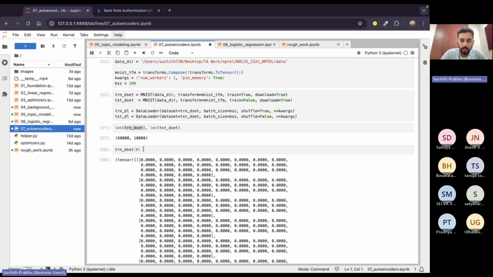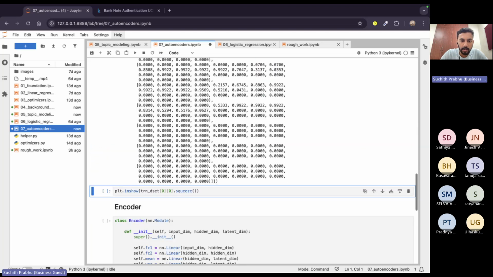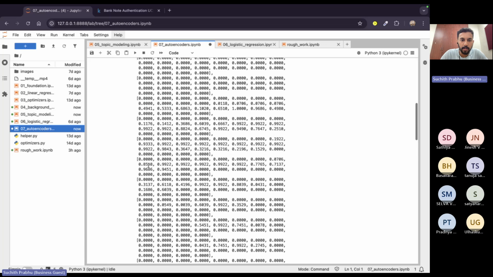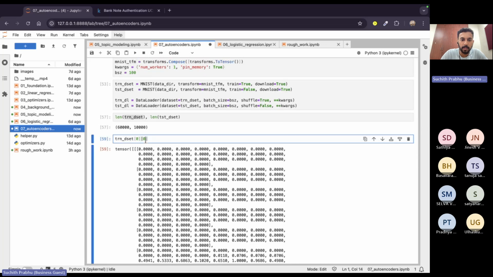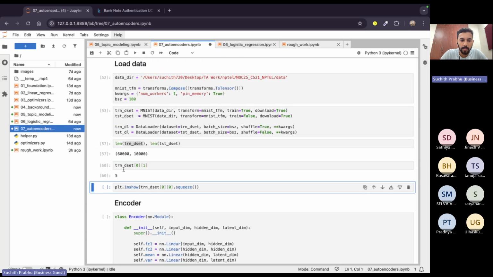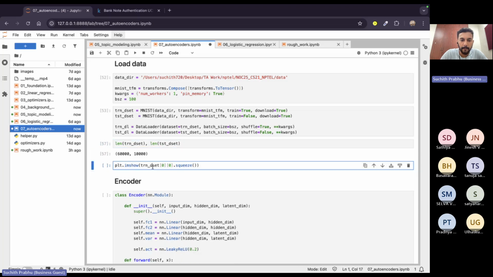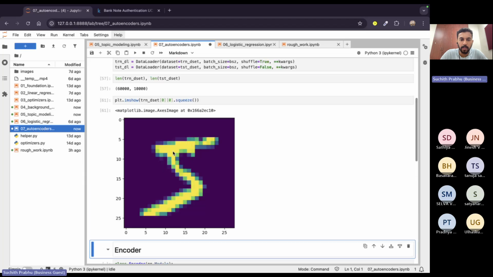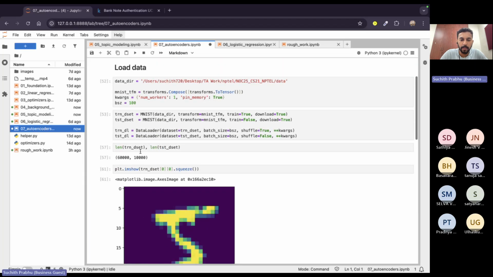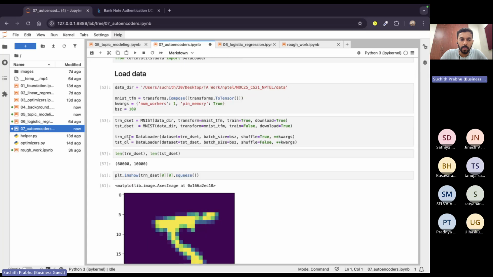The first part of the tuple is the image, and the second part is the class of the image. So this image is of number 5. I'm plotting that using matplotlib. Okay, so that was about the dataset.